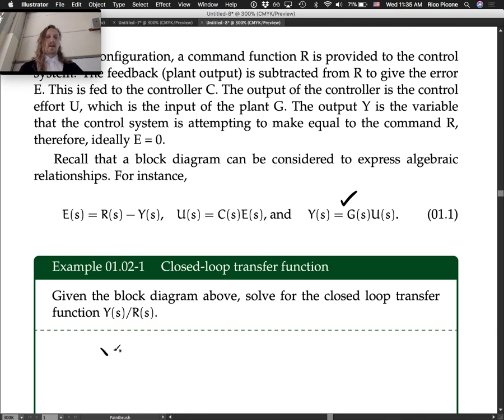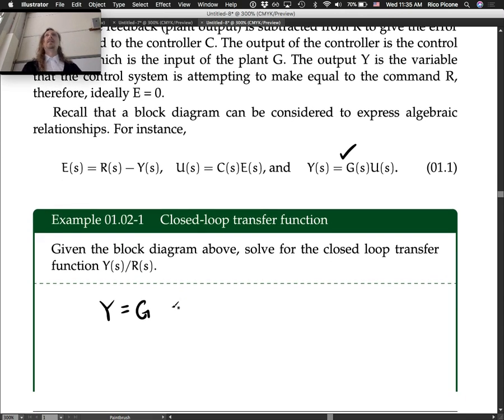And I'm going to suppress the of s because I find it cumbersome when I go through the algebra, but just recognize that that's implied. The notation is just being simplified.